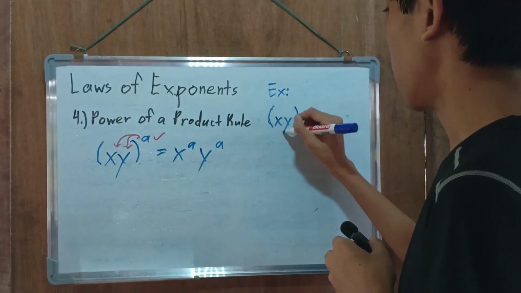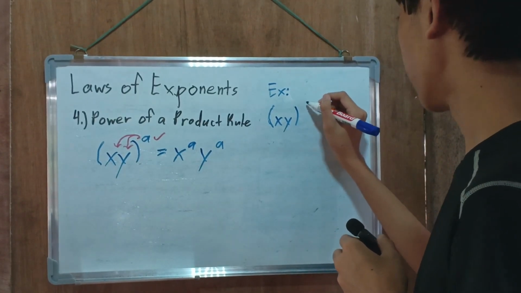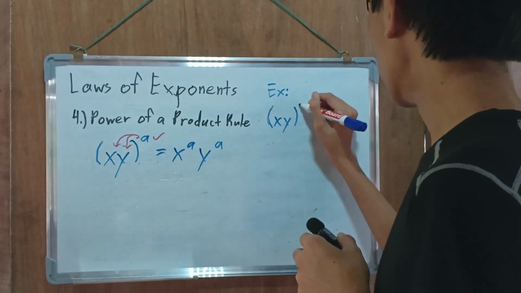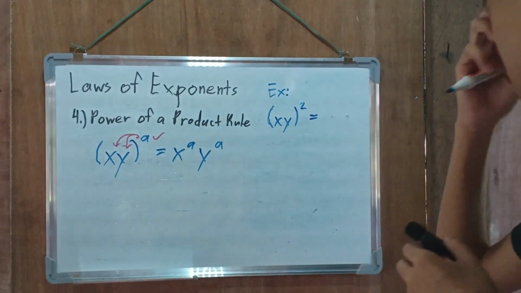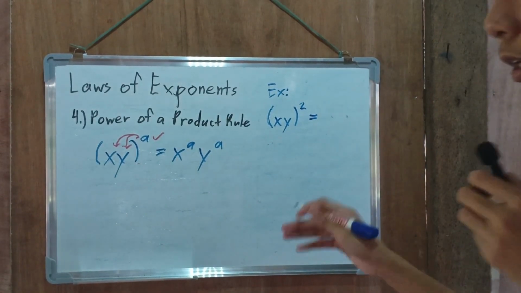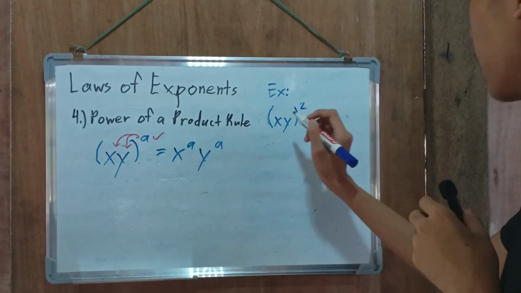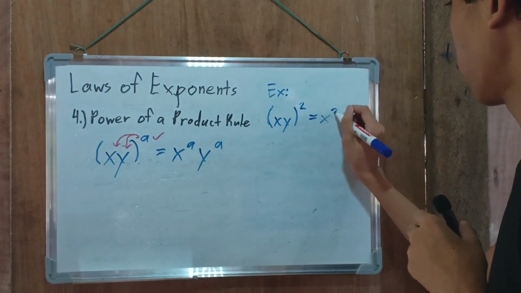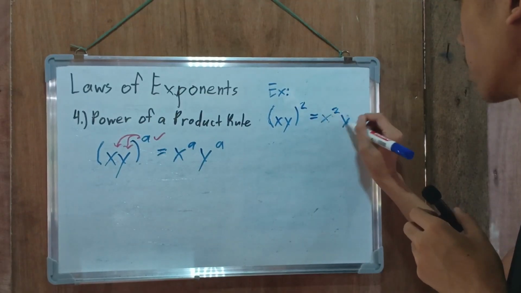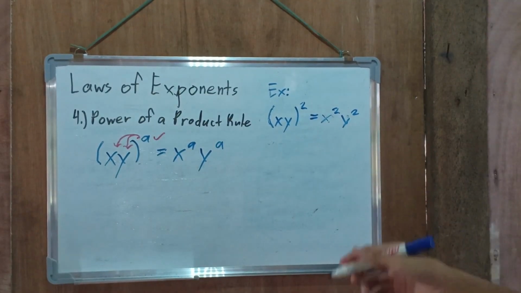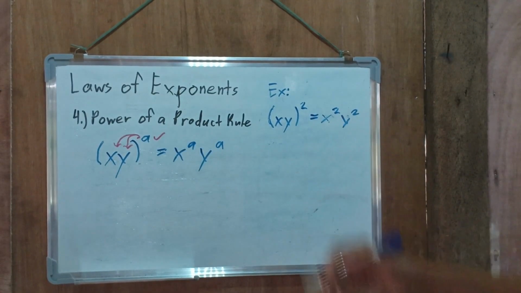If (xy) is raised to 2, that means that we're going to distribute the power of 2 to x and y. So x would become x squared and y would become y squared. So you could see the difference.